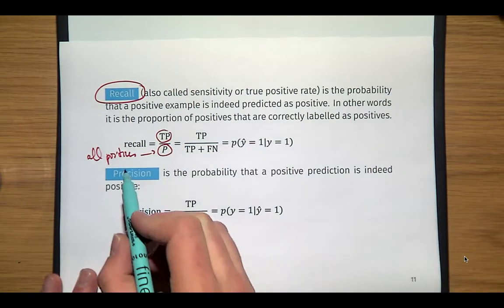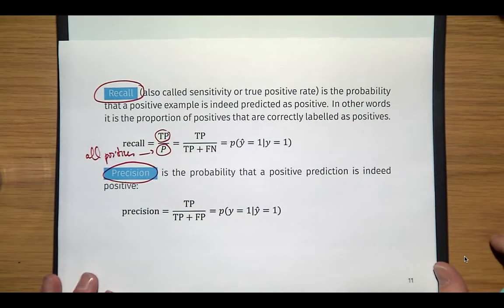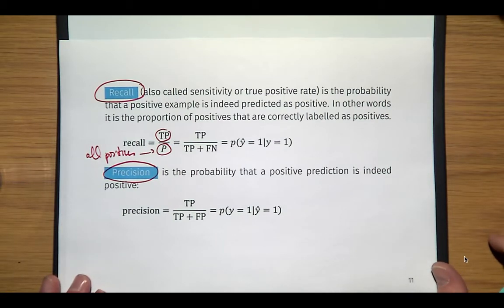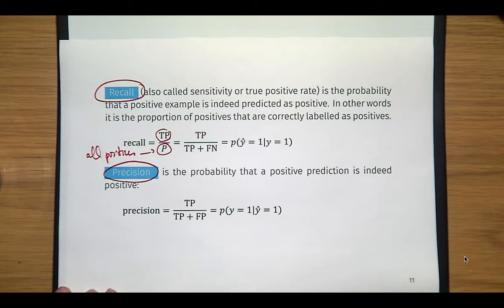Then you have precision, which is another very popular metric, which tells you something different. It tells you how precise you are about your query. With recall, it's very easy to have 100% recall if you just have a system that returns 1 all the time.